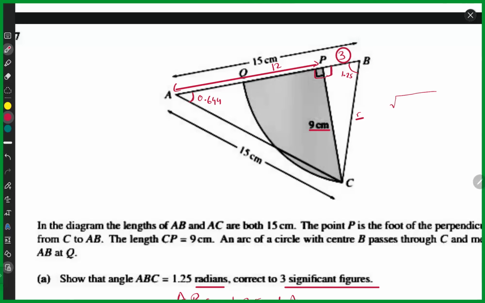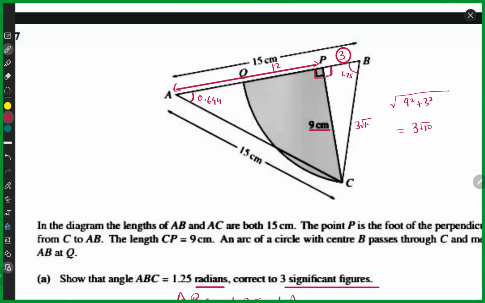So this is going to be root of 9 squared plus 3 squared, which is root 90, and this would be 3 root 10. So it's going to be 3 root 10. Okay, now I got the radius as well. 3 root 10.